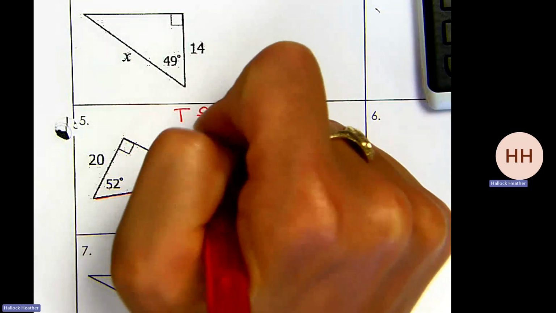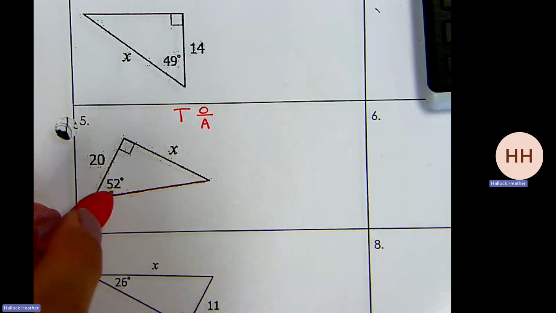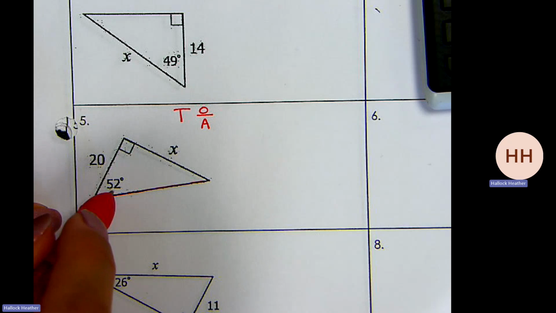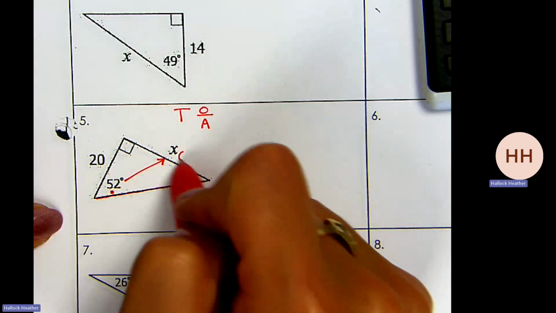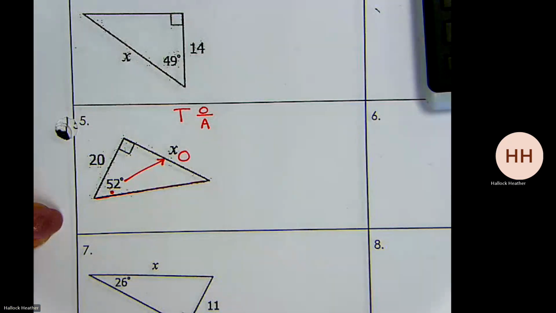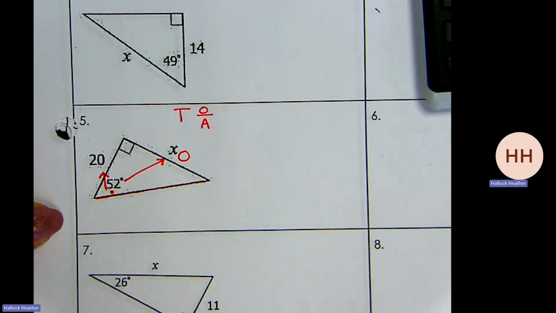I have a 50-50 chance of setting up my fraction correctly because opposite has to go on top, adjacent has to go on the bottom. So if I'm literally standing on 52, this is where I'm at. Which one is opposite of the angle? X. X is opposite, so I'm going to put a little O here. And then directly next to it is not the hypotenuse, because I don't have a hypotenuse.